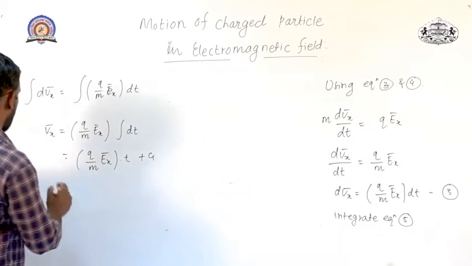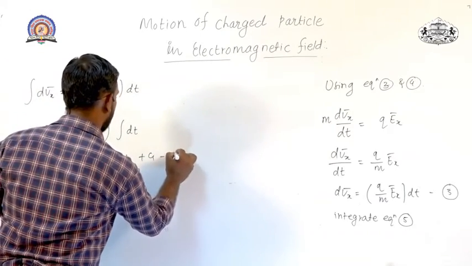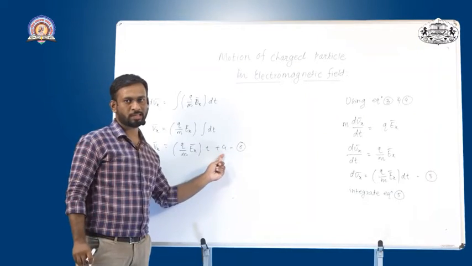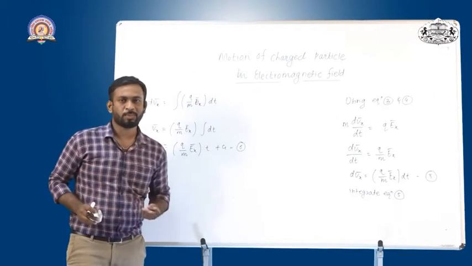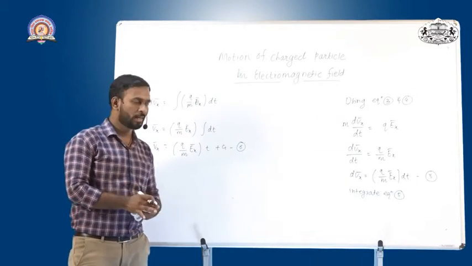Let's say this is equation number 6. Our aim is to find the constant of integration c1. What is the normal procedure we did in our last two applications? Apply the initial condition.